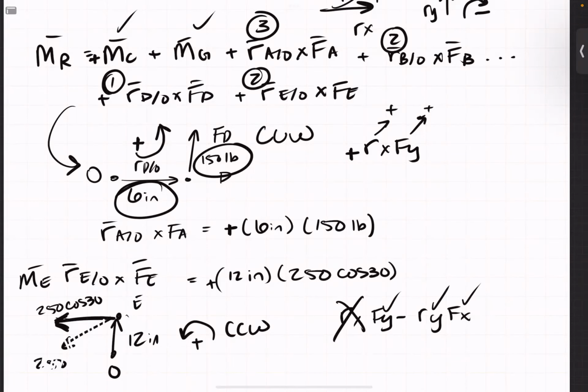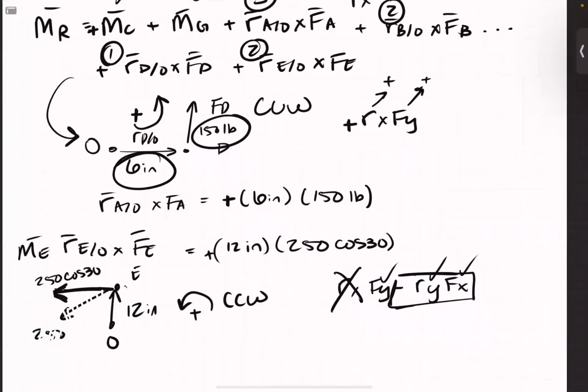So we only need this side. When looking at negative signs, the Ry is positive, a positive 12 inches, but the Fx is going to the left, which is towards the negative direction. So this is negative, therefore it results in a positive value.